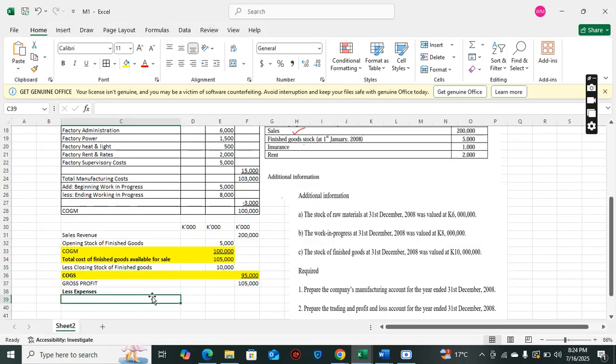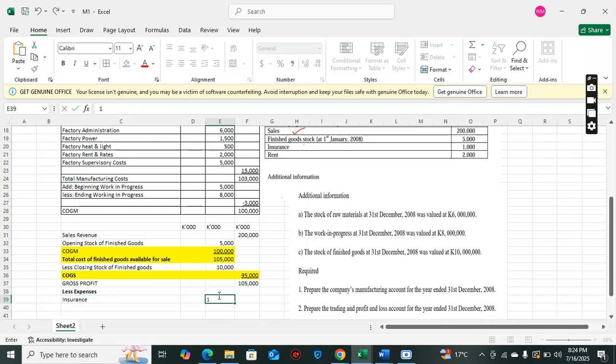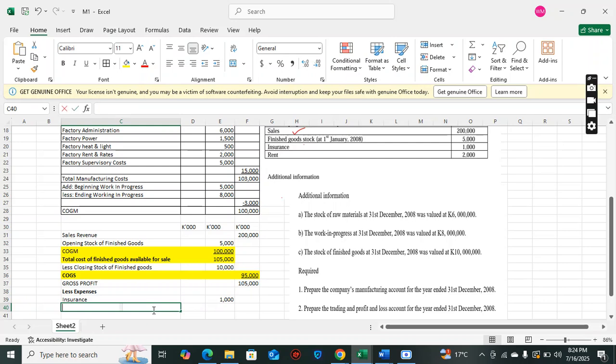Okay, less expenses. Mr. Chimunya, this is where insurance comes in. I remember yesterday you asked for it. So, what about insurance? Here it has come now. Insurance, rent 2,000.